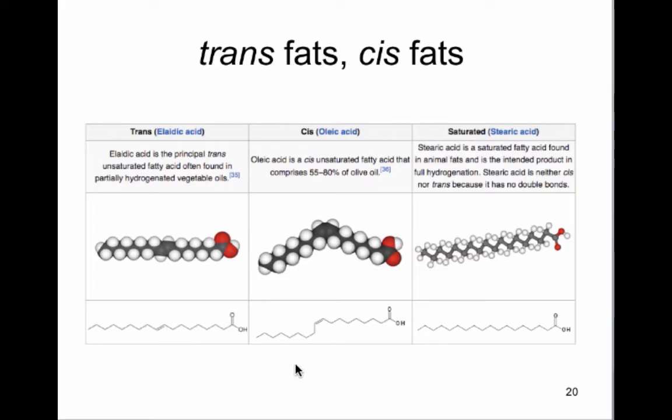In this unsaturated fat, there is a kink, so it's not a linear molecule. So this type of molecule will behave more as you would expect for an unsaturated fat. And this is for comparison of a fully saturated fat. So you can see that even though the trans fat is unsaturated, it has a double bond, the structure is very much like that of a saturated fat, and that is part of why these trans fats are a problem, while unsaturated fats can actually be okay.